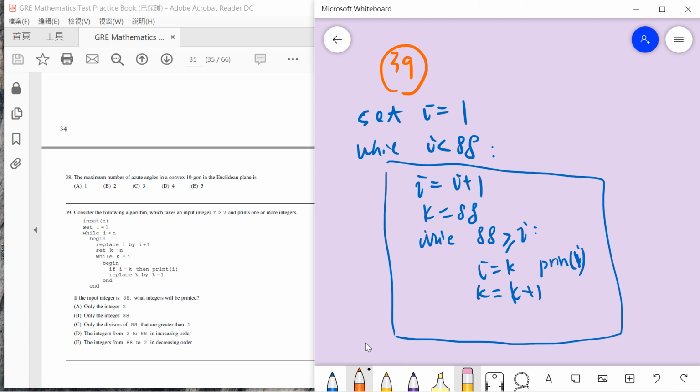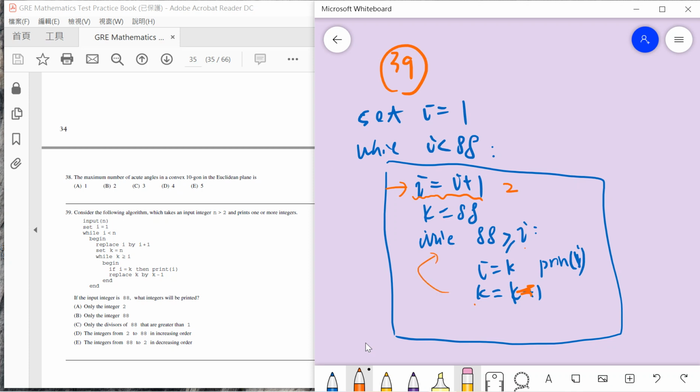So if i is equal to 1, then for this part, i will increase to 2. And then run this. When i equals 2, 2 is smaller than 88, so it will not print it. And this minus makes k 87. And it keeps going.